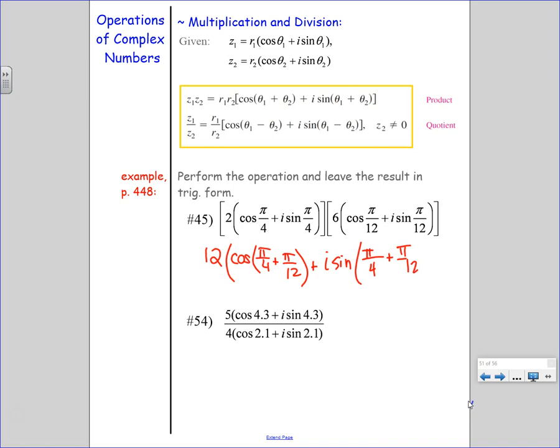I keep calling it composite argument; that was another pre-calc book. This helps us avoid needing to FOIL out and simplify all the stuff up above. So I'm using the formula right here: the multiplication way, multiply the r's, add the thetas in the trig form, and then simplify.